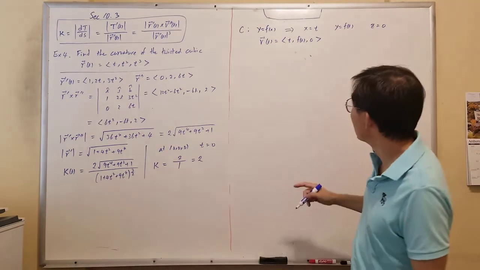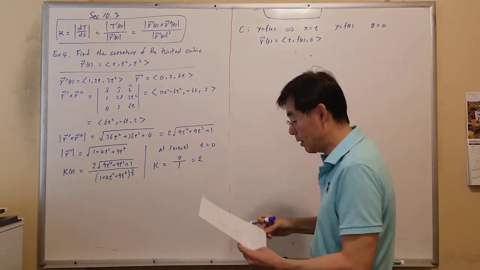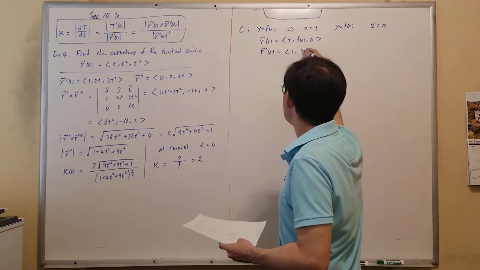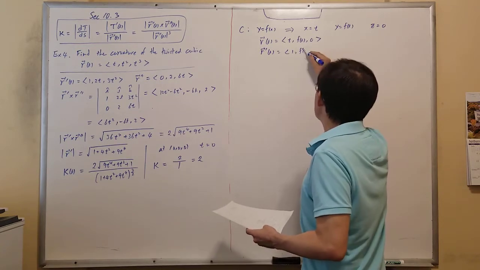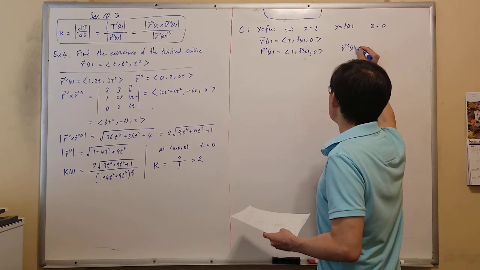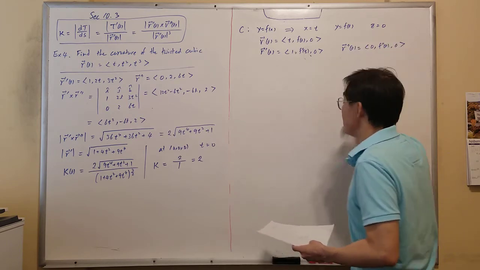Now let's try to find, so x equals t, all right? Then r prime of t equals (1, f prime of t, 0), and r double prime of t is (0, f double prime of t, 0).